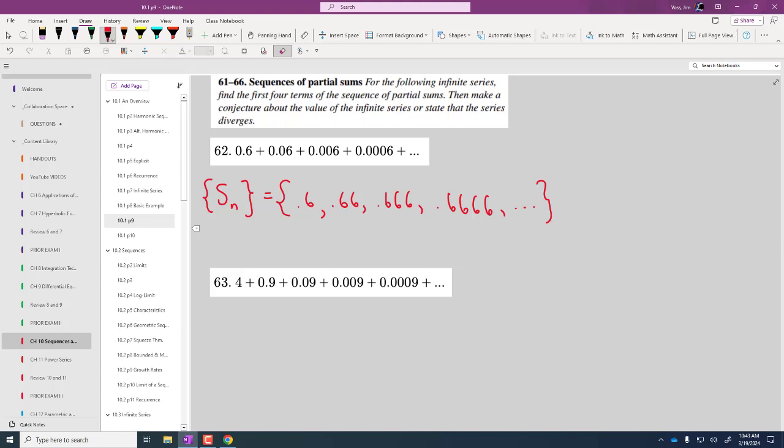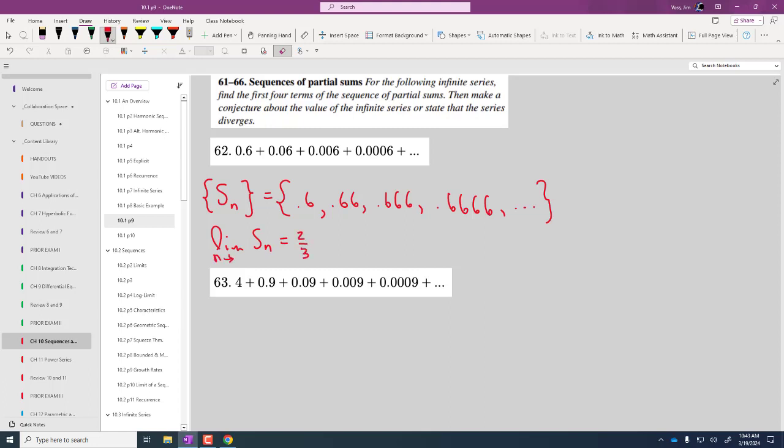So let's go back to algebra for a minute. We know from algebra classes that the limit of this sequence of partial sums is 2/3, right? We know that the limit of S sub n is going to be 2/3.